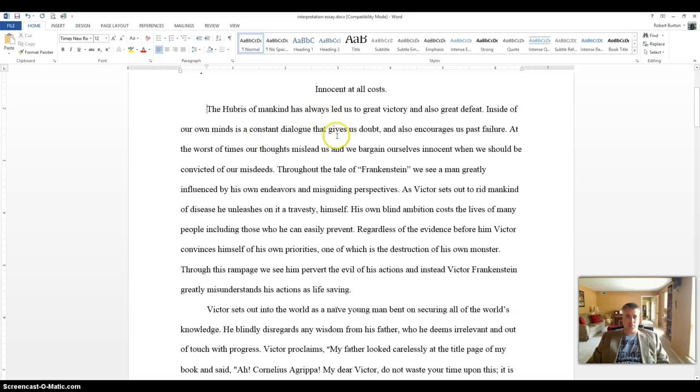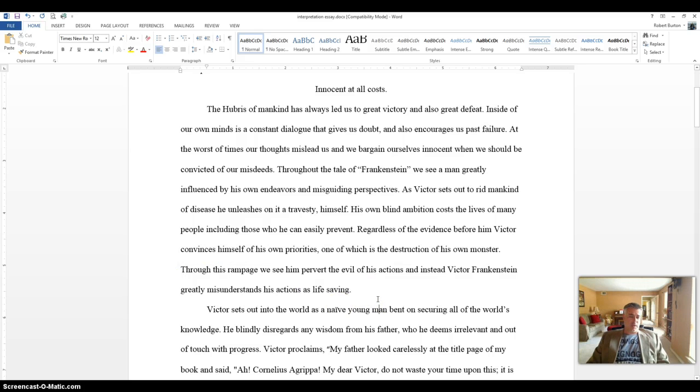He's talking about hubris, worst of times, thought of Frankenstein, Victor sets out to rid man of disease, blind ambition, regardless of the evidence. Rampage, we see him pervert the evil. It looks to me like this really wants to be the thesis. I think maybe he thinks this one is the thesis.